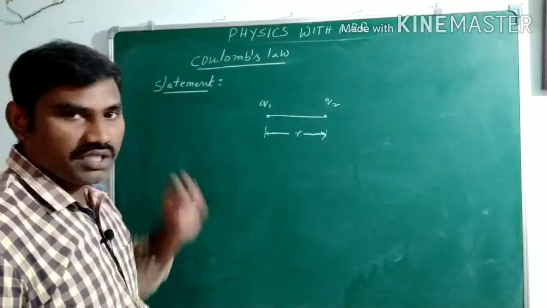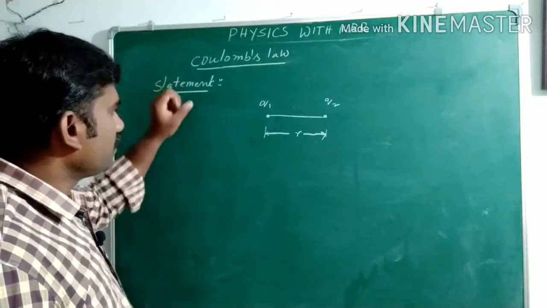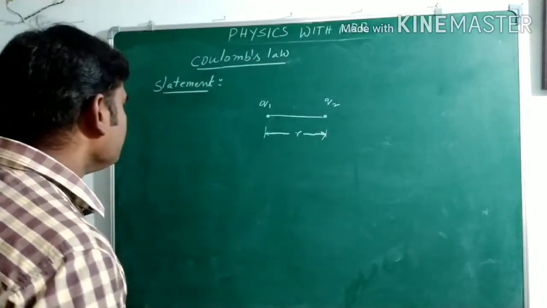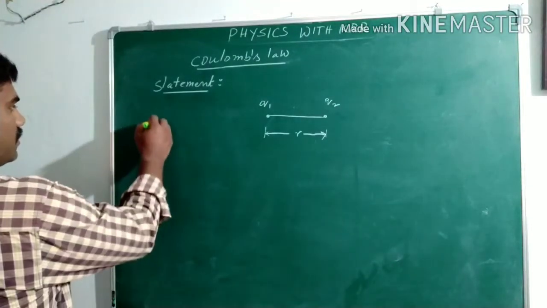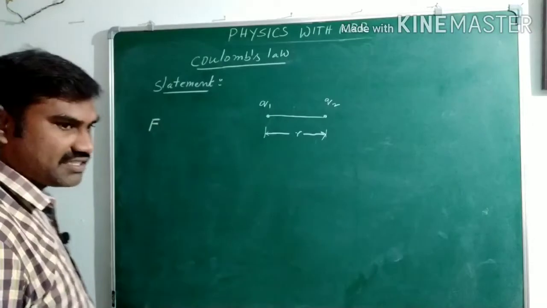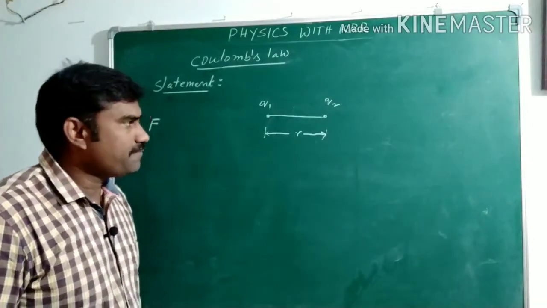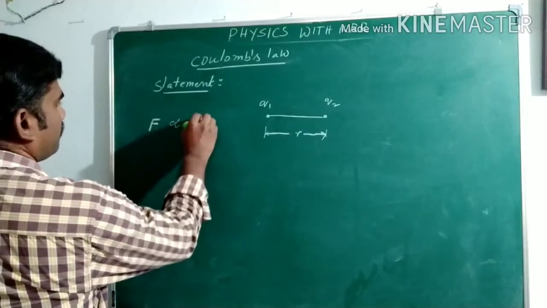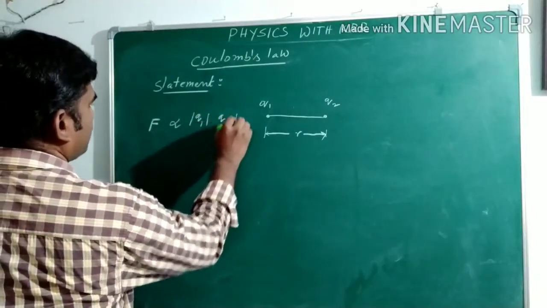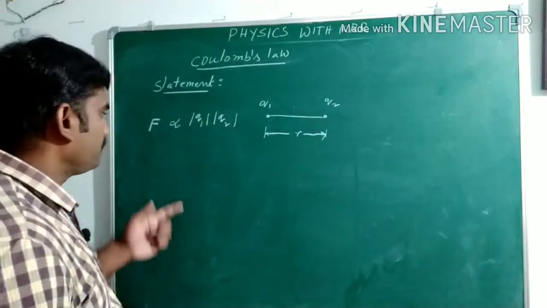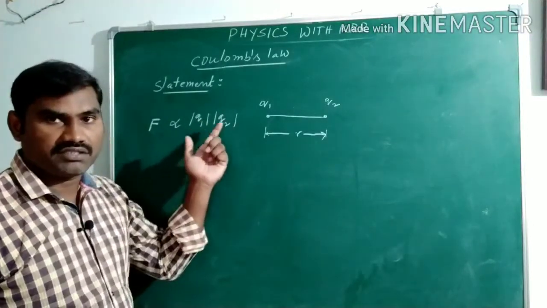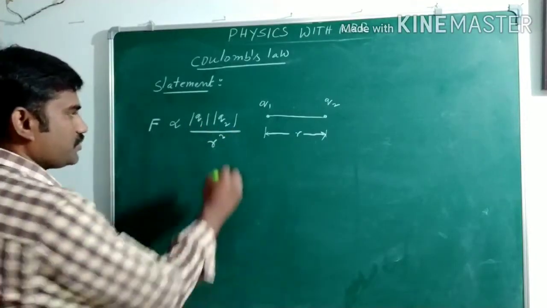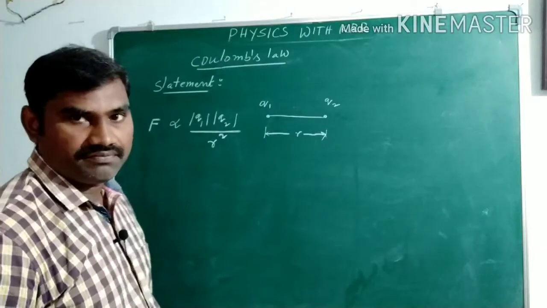Now according to Coulomb's law, the electrostatic force between these two charges can be defined as: the force of attraction or repulsion between the charges is directly proportional to the product of magnitude of their charges, and inversely proportional to square of the distance between them.